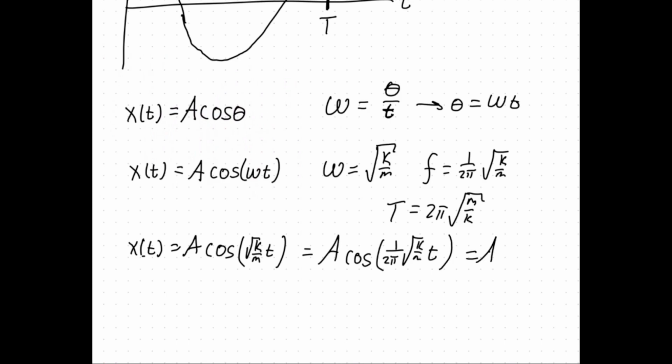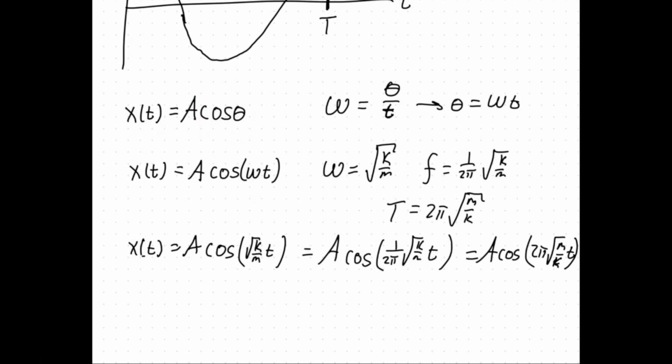It's also equal to A times cosine of 2 pi times root m over k times t, all these things. But ultimately, it's just basically saying that our function, we can call it omega t, and then we can do all our replacements with either the square root of k over m, or we could call it 2 pi f times t. We could call it 2 pi over capital T, the period, times t.